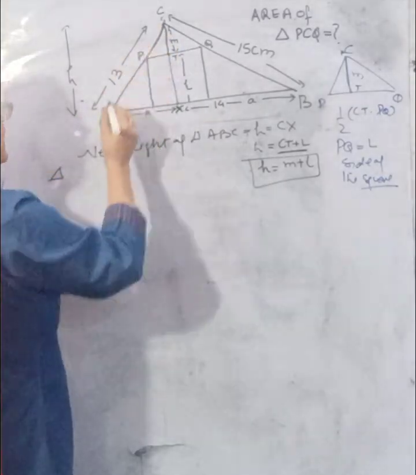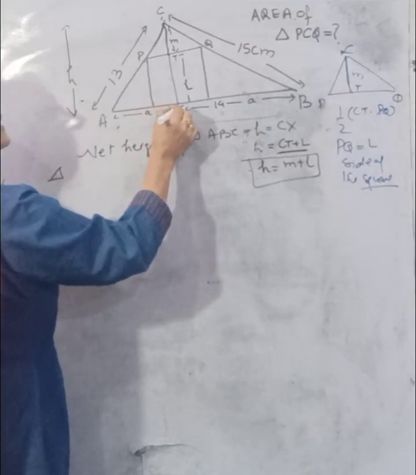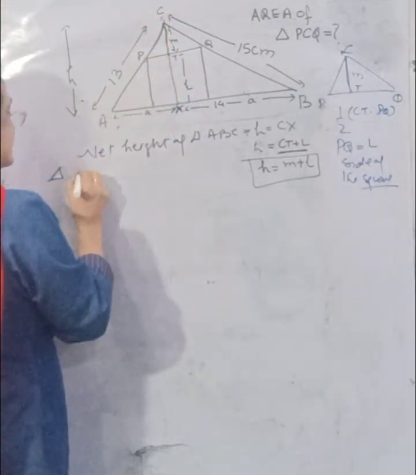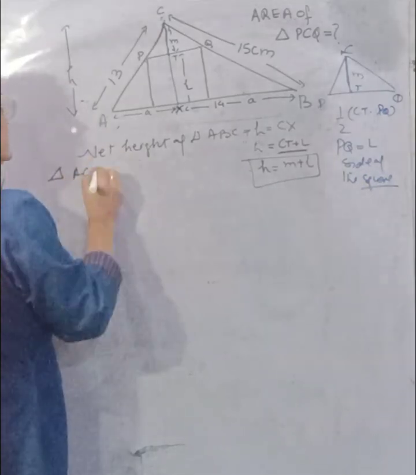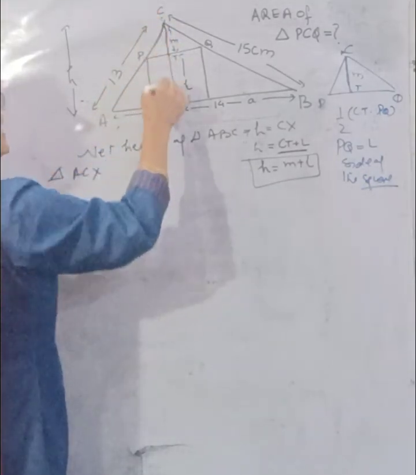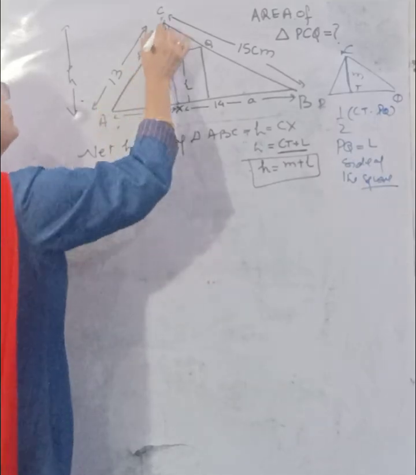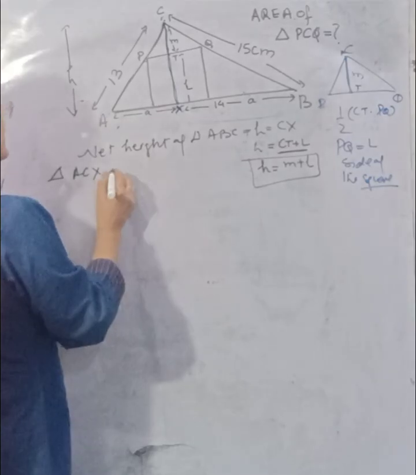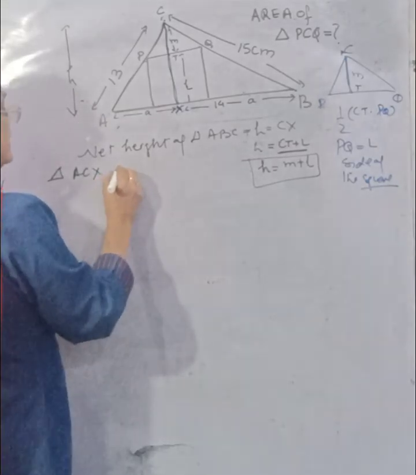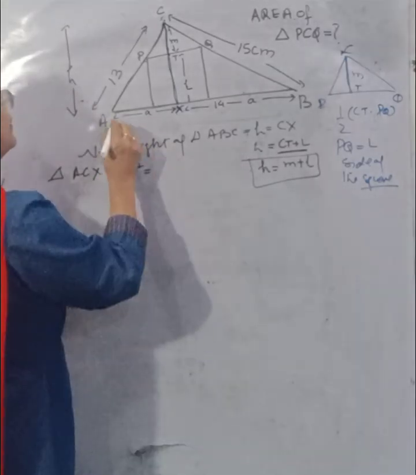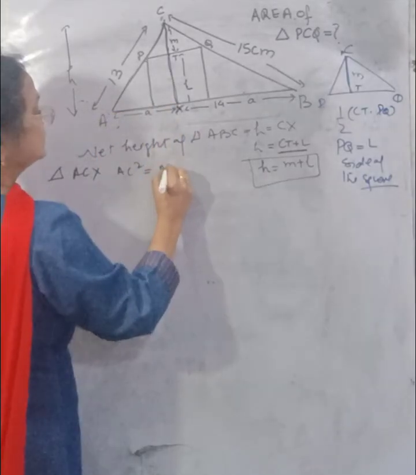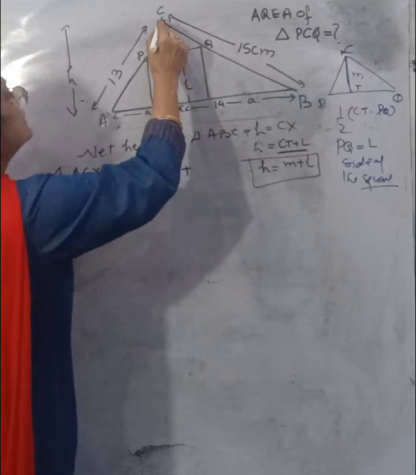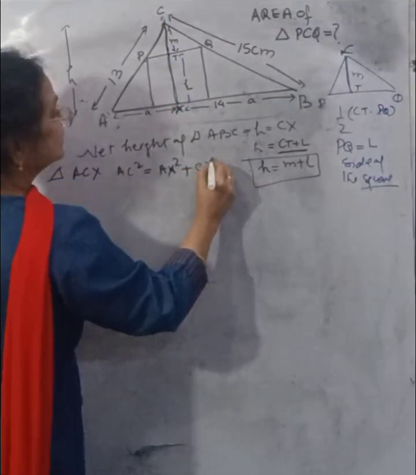As per Pythagoras in triangle ACX, AC square will be equal to AX square plus CX square.